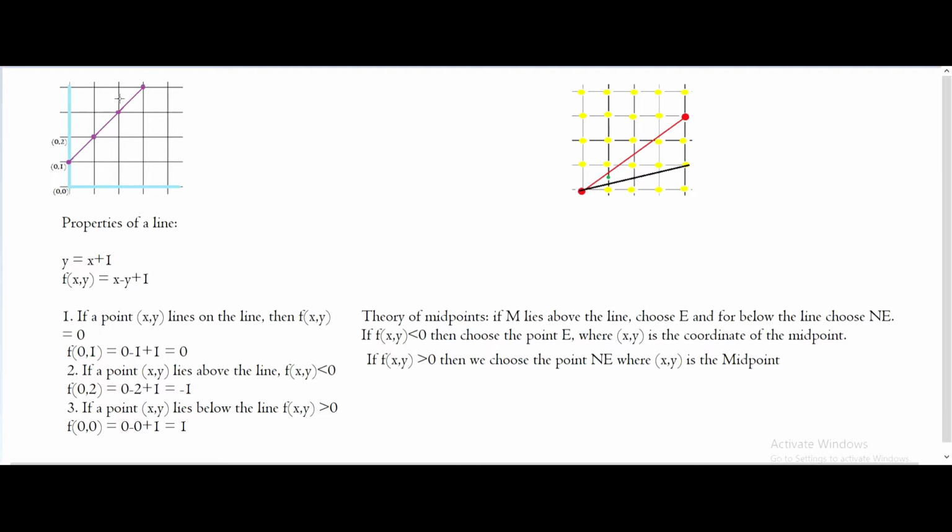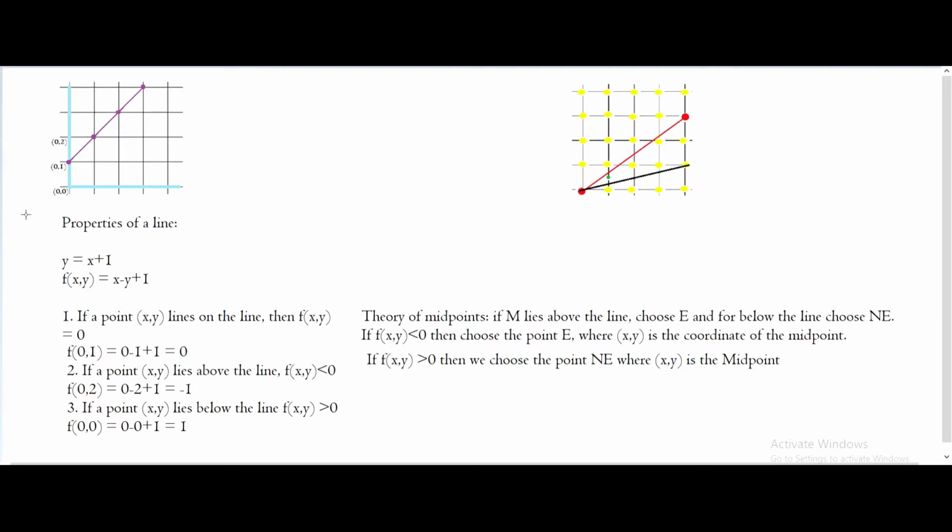So in this graph here, I have a line with the equation y is equal to x plus 1. So the purple line, okay? And I can also write this as f(x, y) is equal to x minus y plus 1. I've just moved the y to the right here.